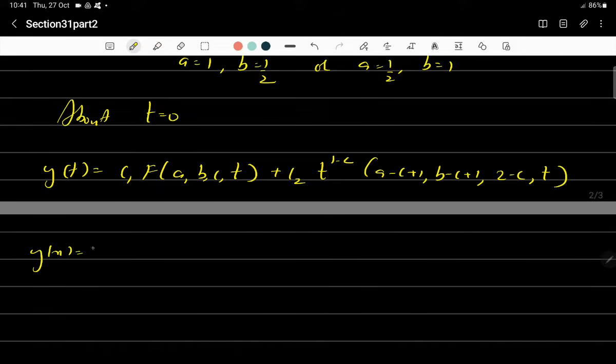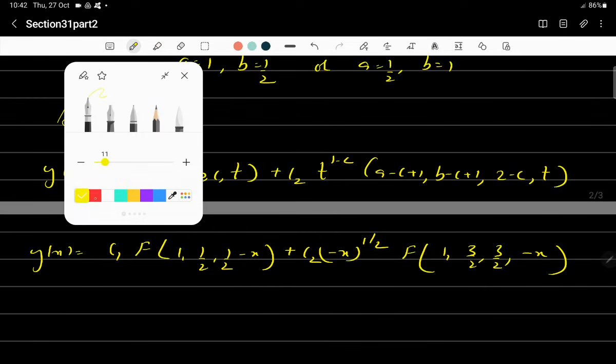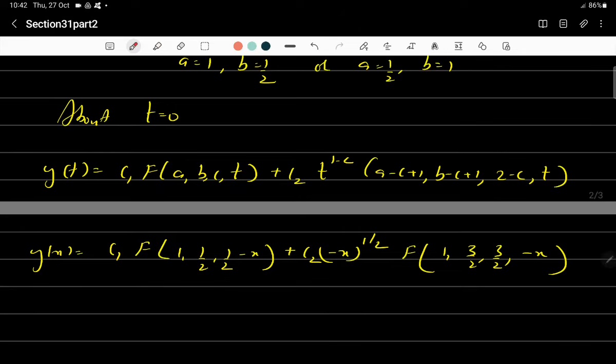So your y of x is c1, now a is 1, b is half, c is half, t is minus x, plus c2 minus x raised to the power 1 by 2, F of 1, 3 by 2, 3 by 2 and minus x, which is the required answer. So you can observe that it's quite easy to find the hypergeometric series solution.